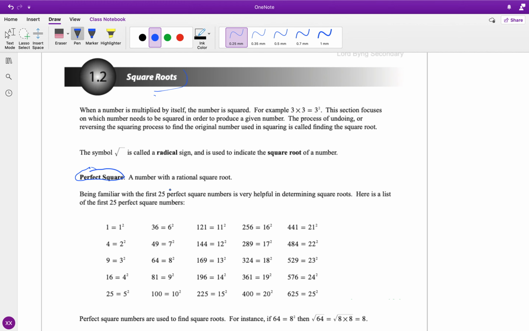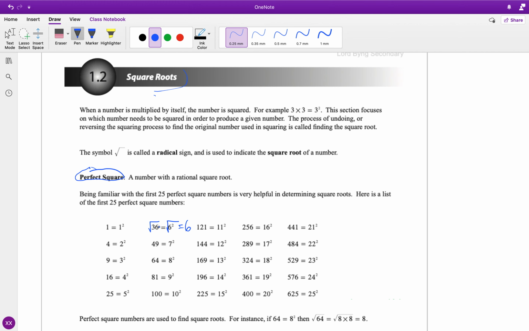A perfect square is a number with a rational square root. In other words, any number, you square it, that gives you another number. Now this number, if you give it a radical sign, goes back to the original number.